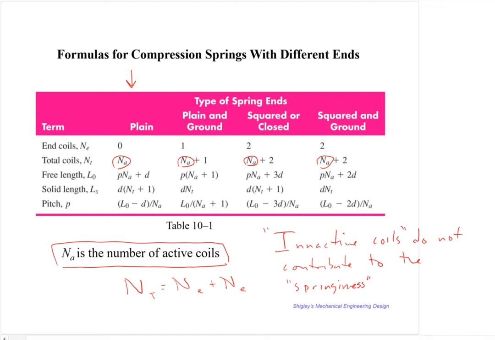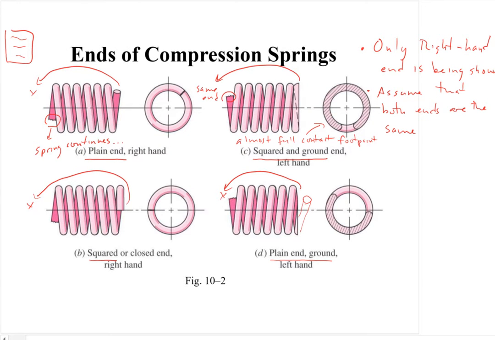So let's look at the previous slide here. For instance, this last coil right here, that's not contributing to the springiness. That's just material that's directly in contact with the surface. That last coil is doing nothing as far as springiness.